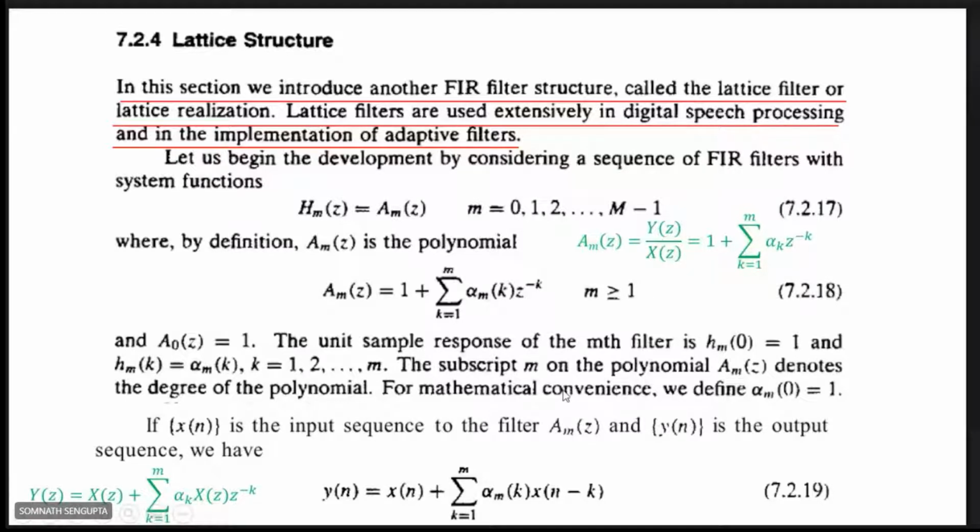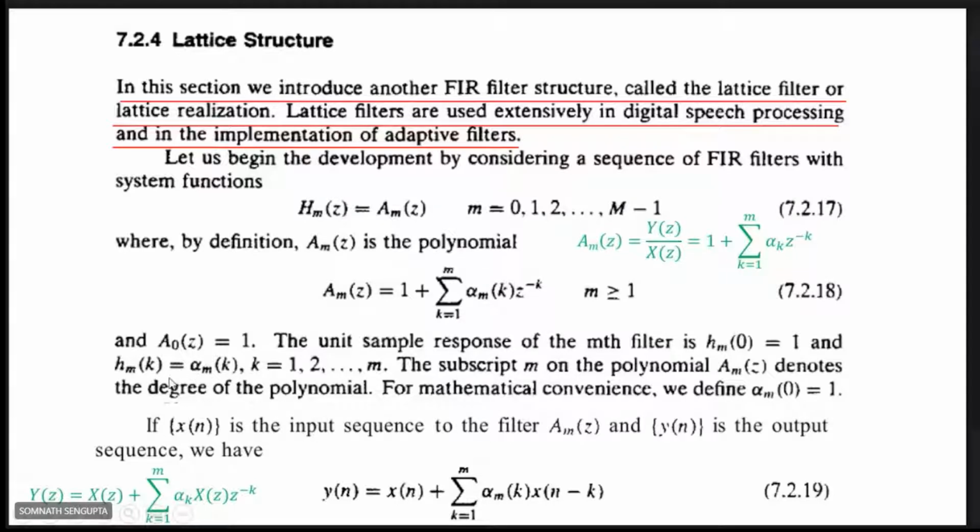Then here you see the unit sample response. We have earlier discussed that any filter has a unit sample response h(n). So that h m k is actually equal to alpha m k.